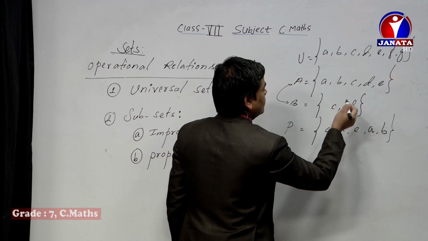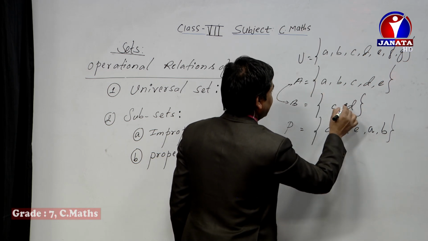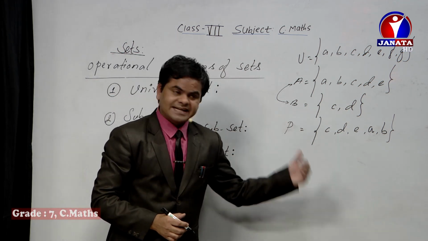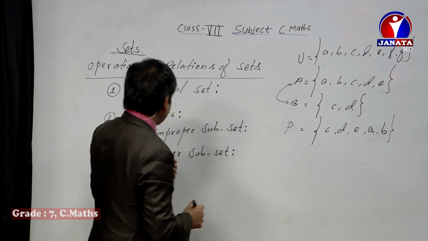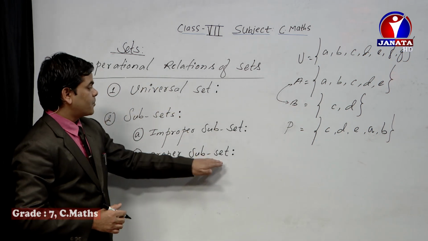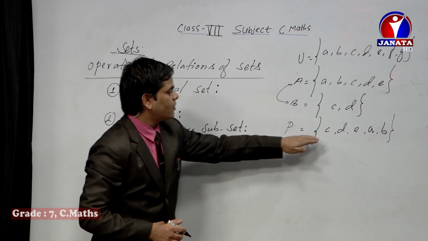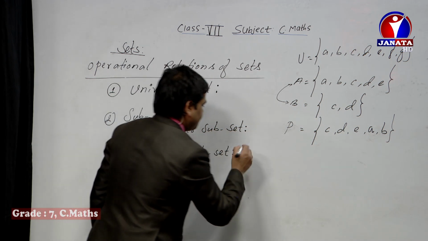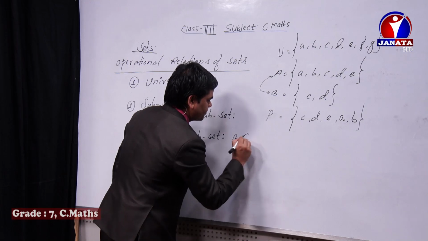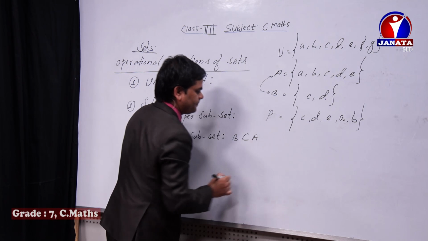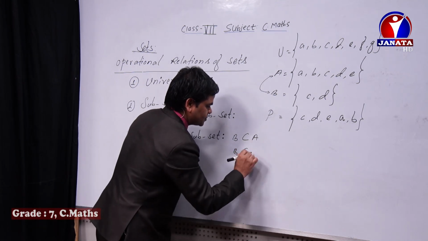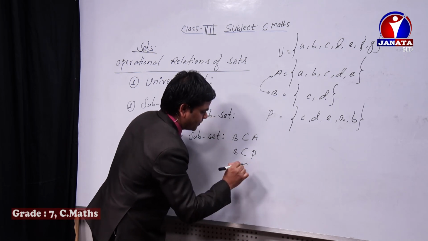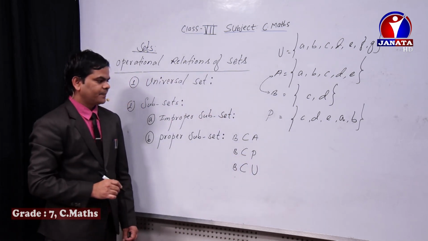Set B has all its elements included in A, and there are no more elements than in set A. In such a case, B is regarded as a proper subset of A. B is a proper subset of A, B is a proper subset of P, and B is a proper subset of the universal set as well.